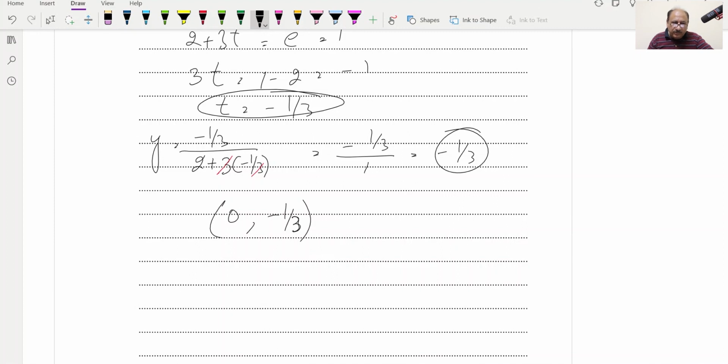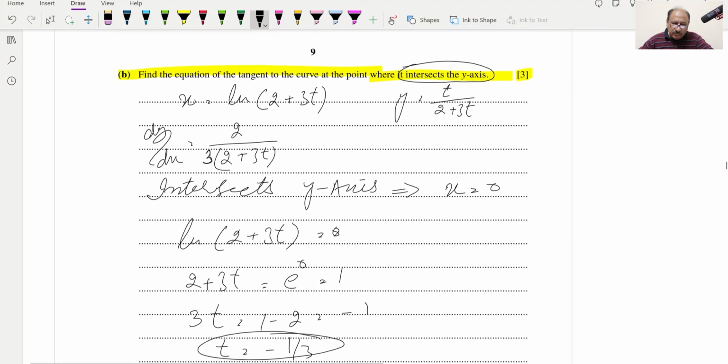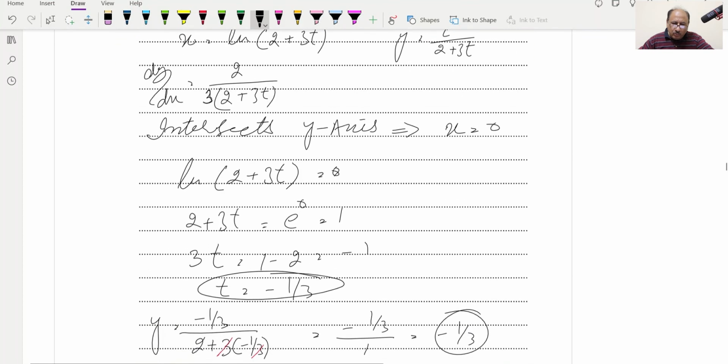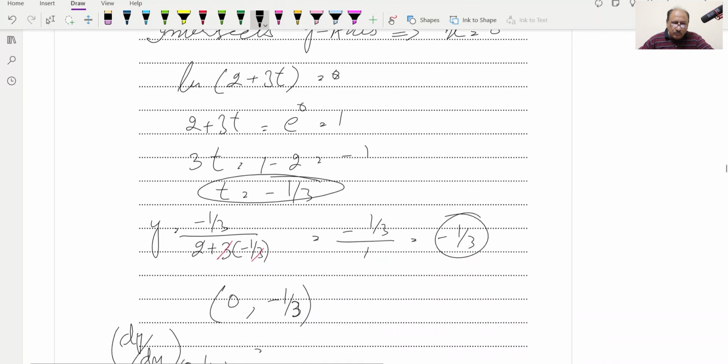This will be the point. Now derivative at this point, dy by dx at this value 0 and minus 1 by 3 will be what? Dy by dx we have over here, which we have written 2 over 3 into 2 plus 3t.